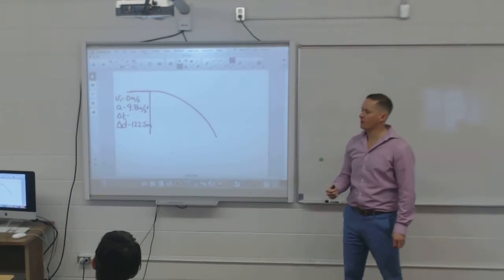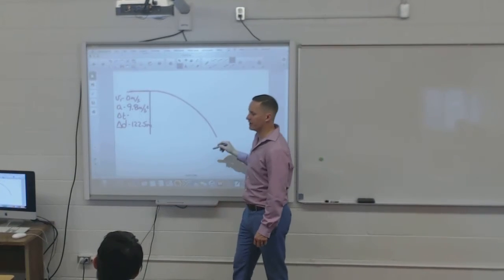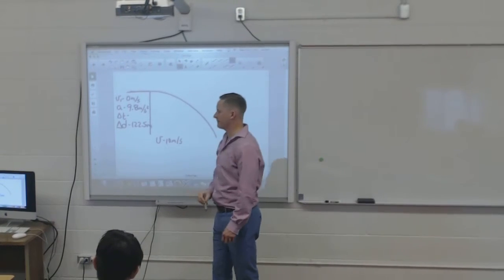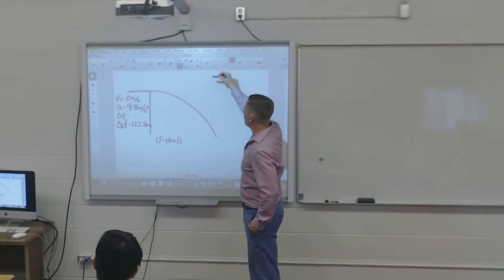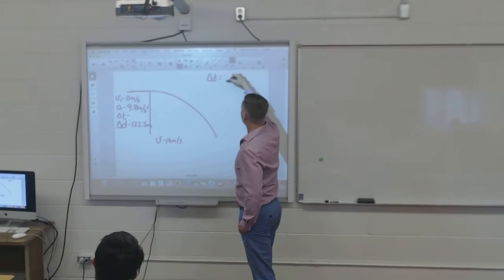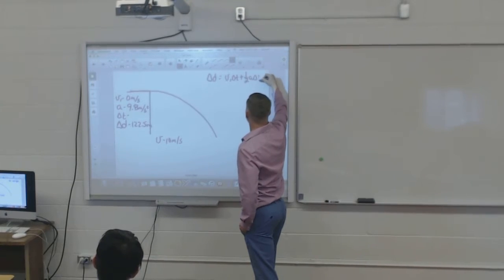So if I find that amount of time, I can also find out how far it is from the cliff because I threw it at 10 meters per second. So I want to find out the time. So I go delta D equals V1 delta T plus 1/2 A delta T squared.